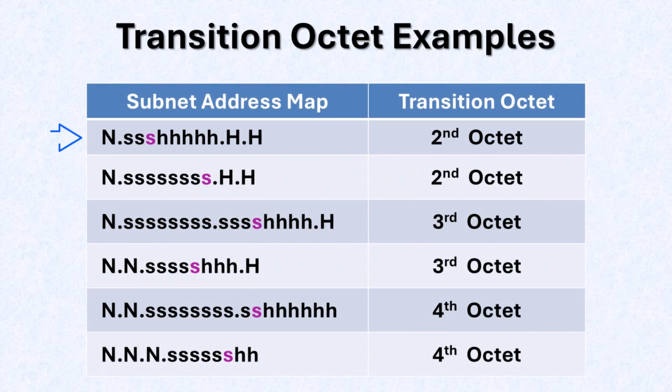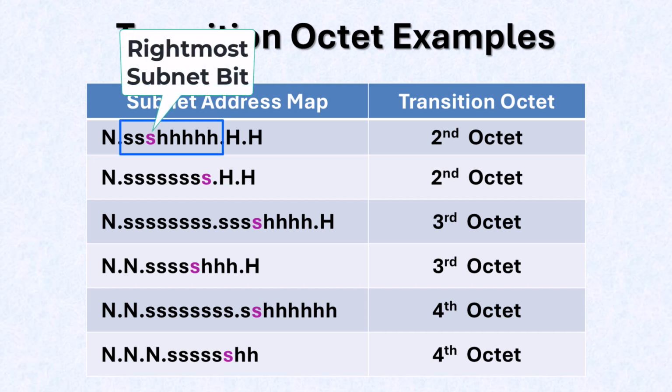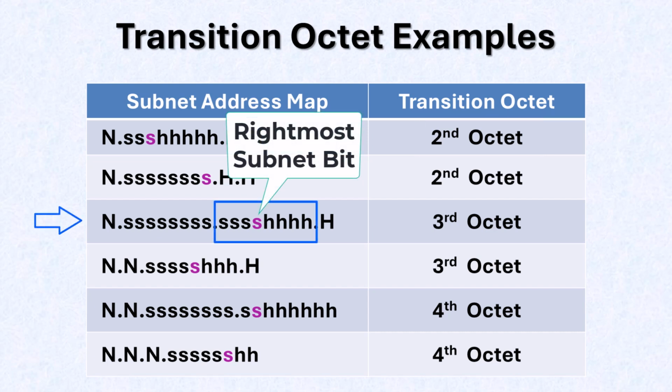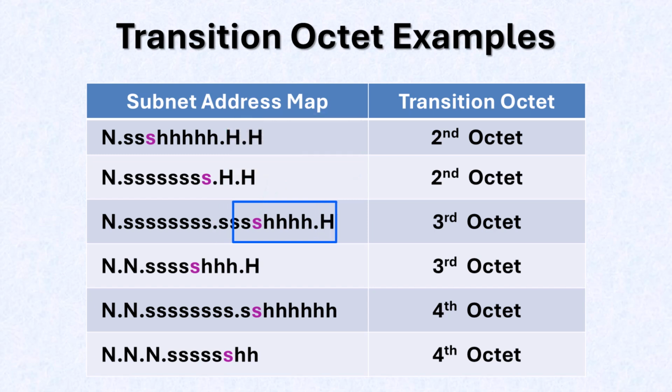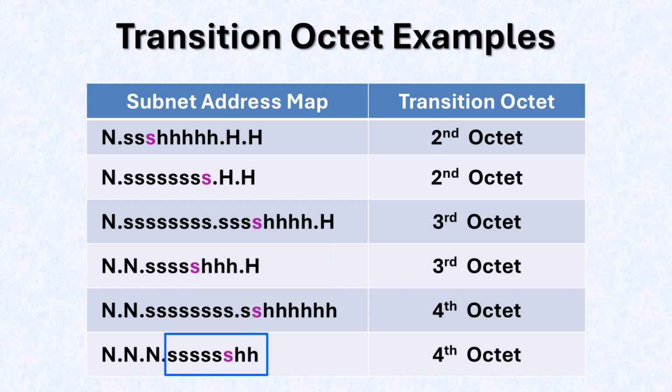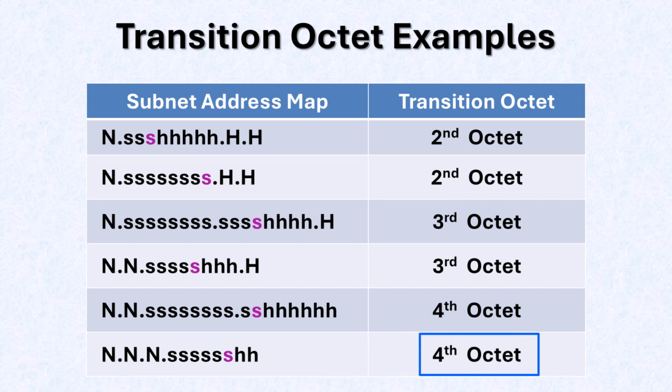Consider the first entry. The rightmost subnet bit is in octet 2, so this is the transition octet. In the third entry, the rightmost subnet bit is in octet 3, so octet 3 is the transition octet. In the last entry, the rightmost subnet bit is in octet 4, so octet 4 is the transition octet.